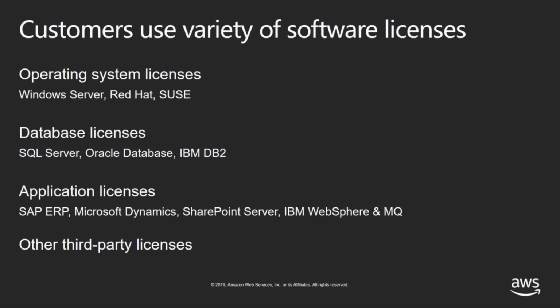Customers use a variety of software licenses, including operating system licenses such as Windows Server, Red Hat, SUSE, database licenses such as SQL Server, Oracle databases, IBM DB2, application licenses such as SAP ERP, Microsoft Dynamics, SharePoint Server, IBM WebSphere, and MQ, and other third-party licenses.